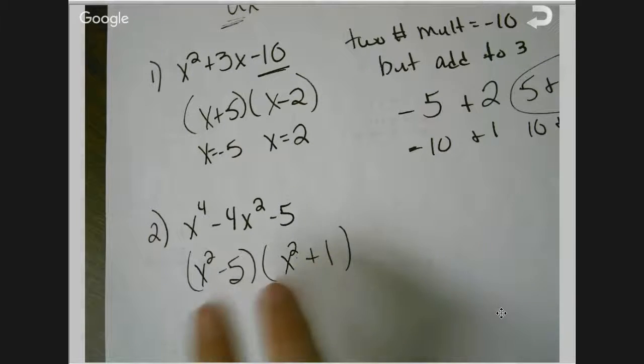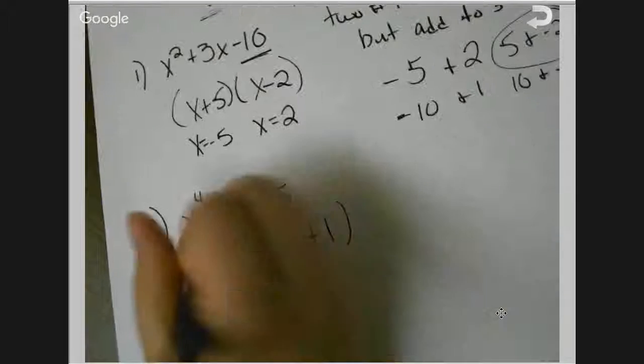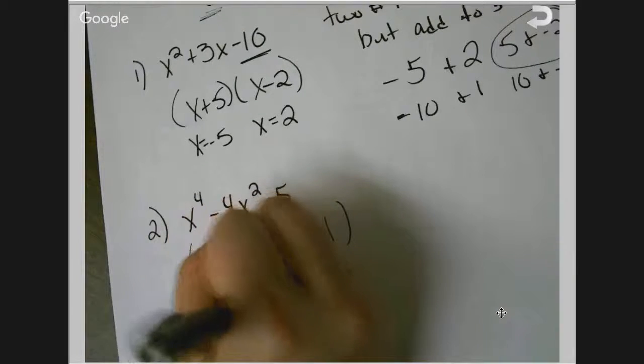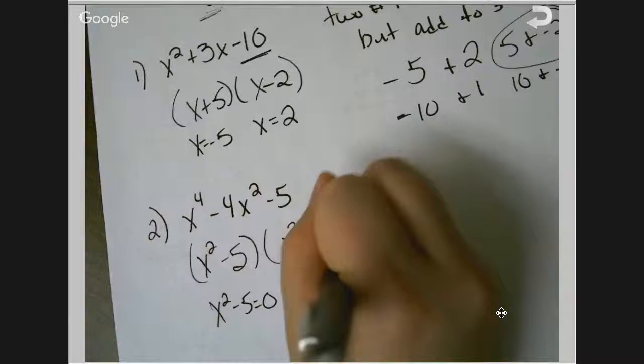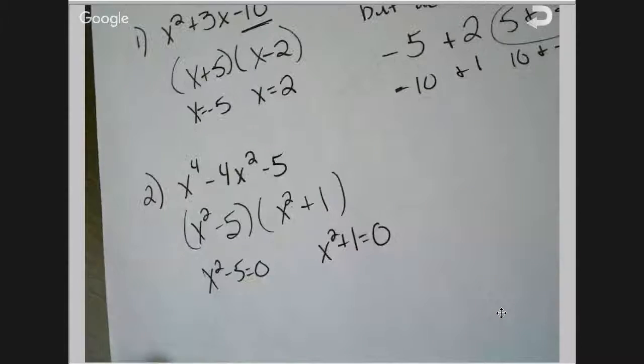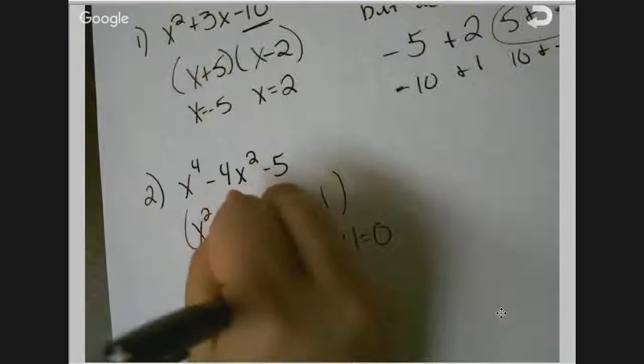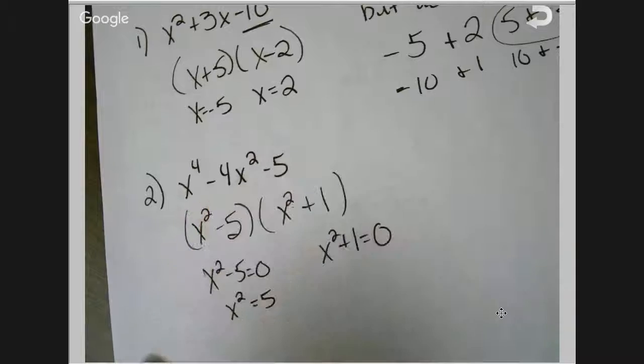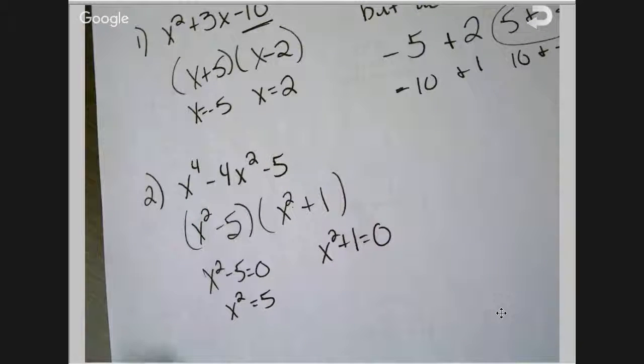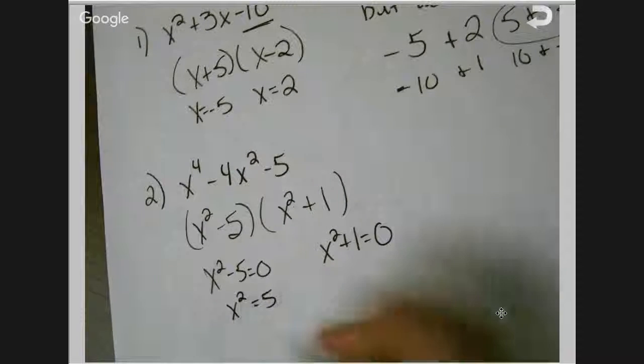If I asked you to solve, though, you need to set both of them to 0. On x squared minus 5 equals 0, I would add 5. And then I would take the square roots of both sides.